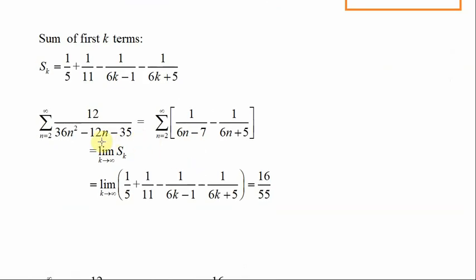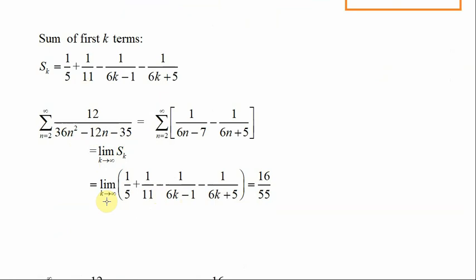So once again, this is our original infinite series, which is the limit of s of k as k approaches infinity. But s of k is 1/5 plus 1/11 minus 1 over 6k minus 1 minus 1 over 6k plus 5.